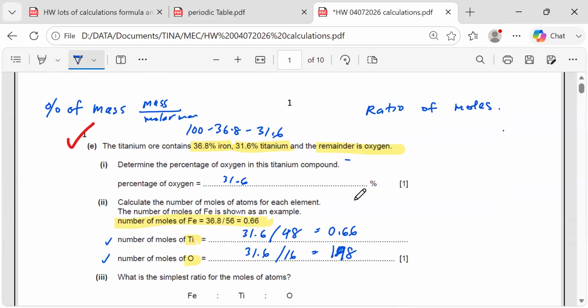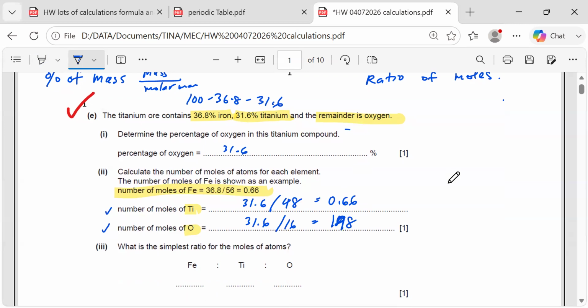Okay, so this is what you do after that. You have iron to titanium to oxygen: 0.66, 0.66, 1.98.